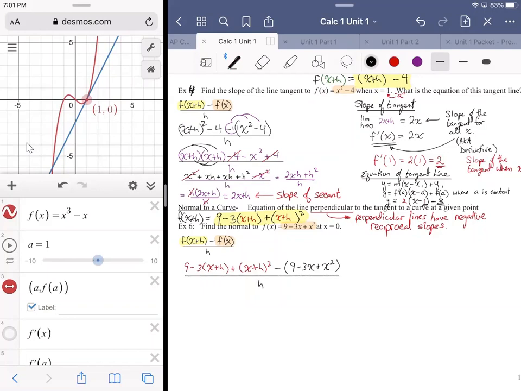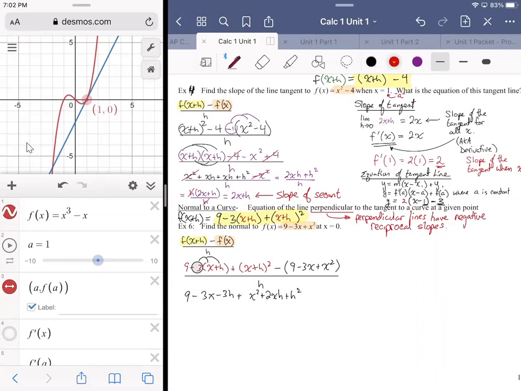All right, so a little distributive property, a lot of distributive property. So 9 minus, so this negative 3 is going to get run through. 3x minus 3h plus, well, asked and answered. We already figured this one out. It's x squared plus 2xh plus h squared.